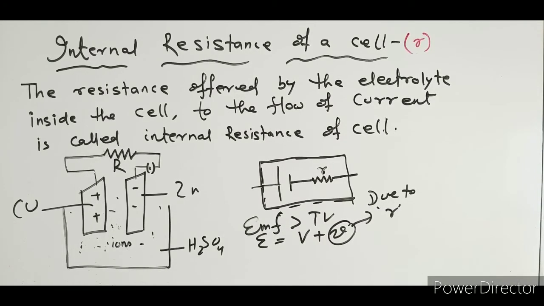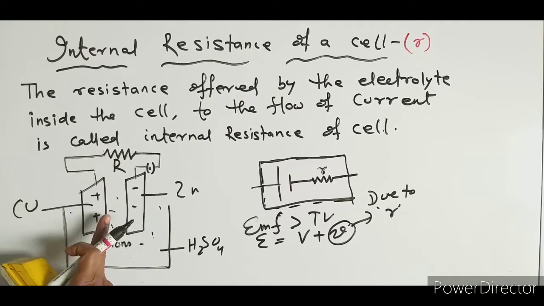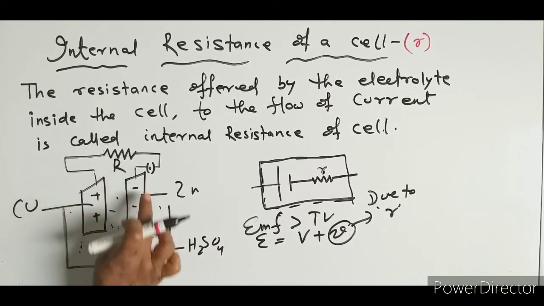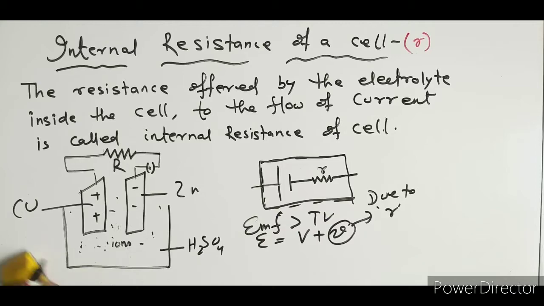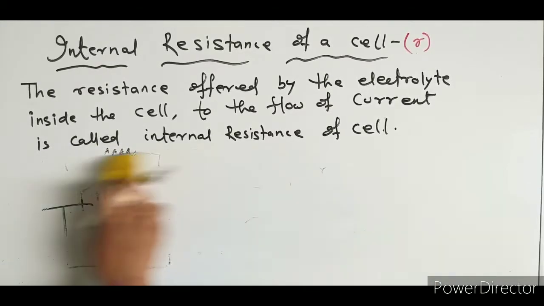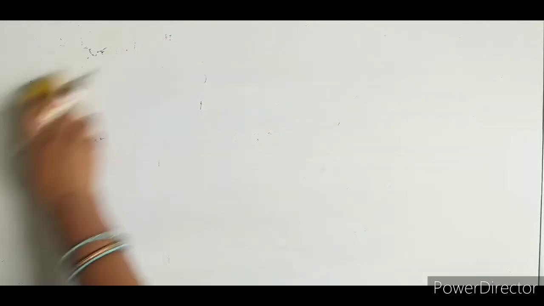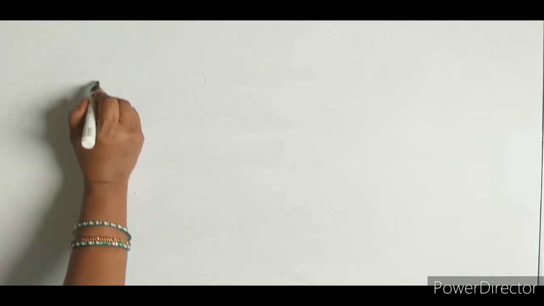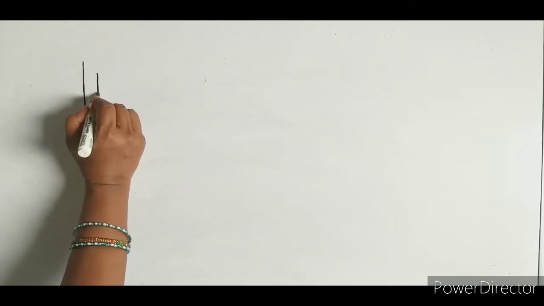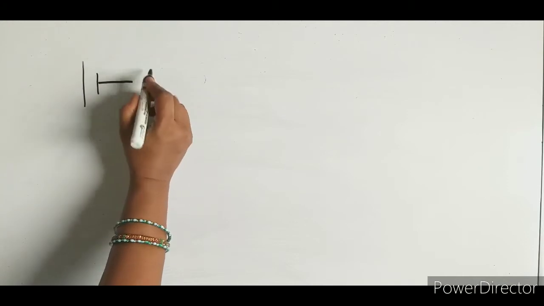So here we will go for a circuit which we will draw. This is the structure of the cell. Now I will go for the current structure. So now what I can write here: positive terminal, negative terminal.